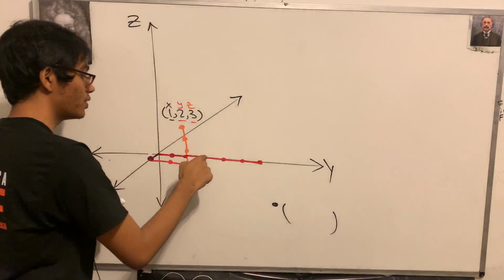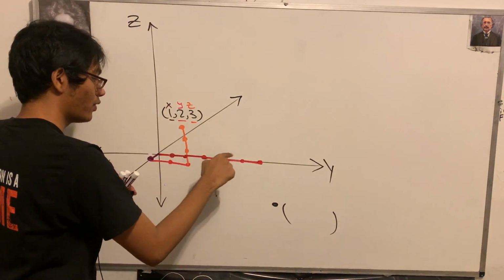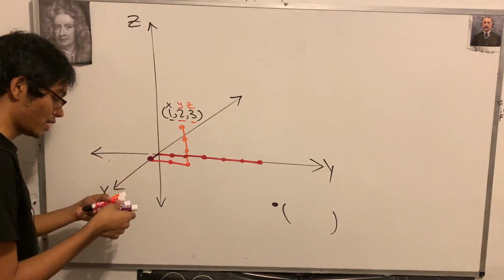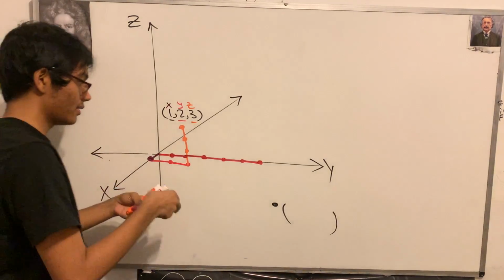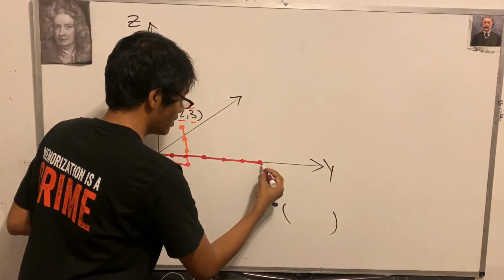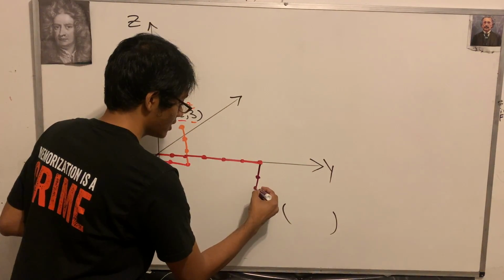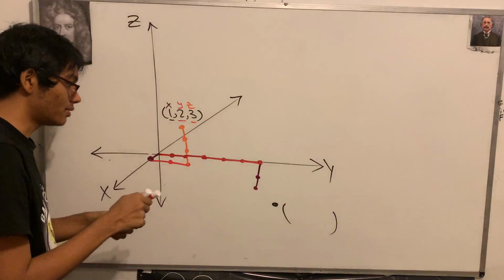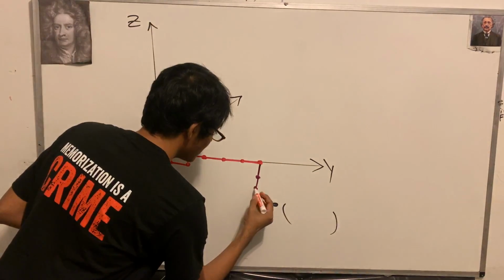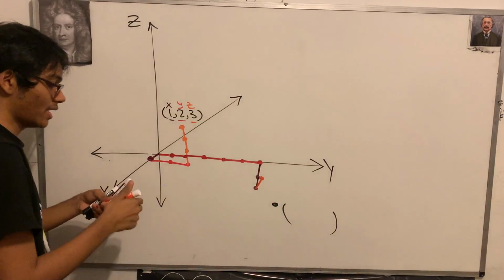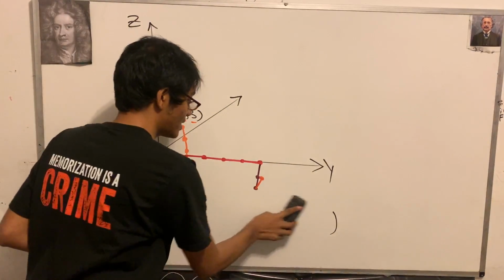I've got 1, 2, 3, 4, 5, 6 steps in the y. Let's see how many steps in the x direction I need. I'm just eyeballing it here. I'm going to need, for instance, 1 step in the x, 2 steps in the x, and just to jazz things up a bit, let's say I need 1 step in the z direction. So that right there is my second point.